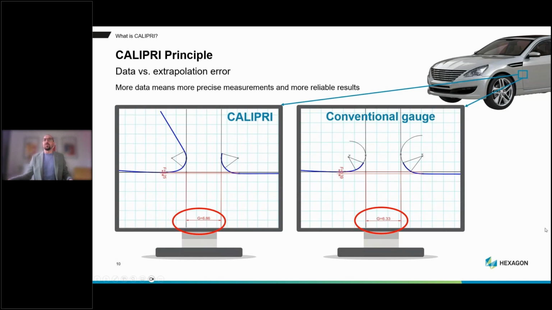And those values will give us an inconsistency, which will be displayed in non-repeatable measurements. Not with CALIPRI though. With CALIPRI, we are able to scan the whole profile and have consistent values over all cars, over all measurements, over all operators, over all platforms, if we're speaking about autonomous measurements.